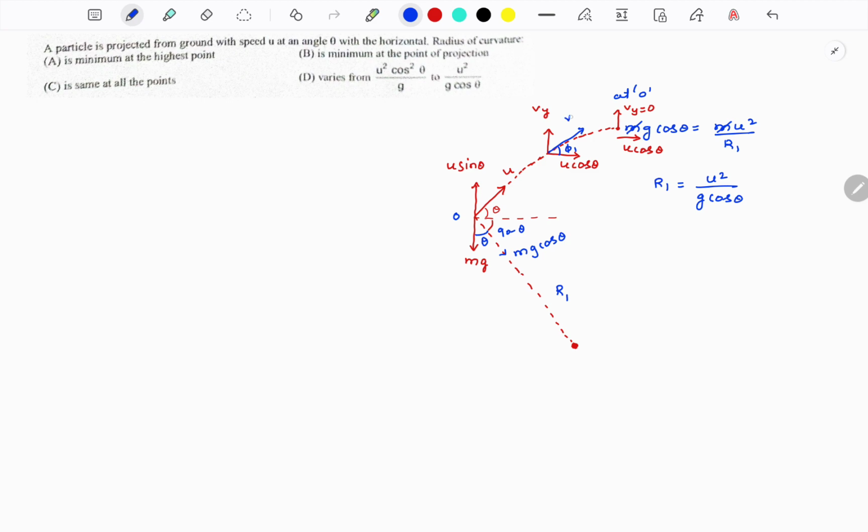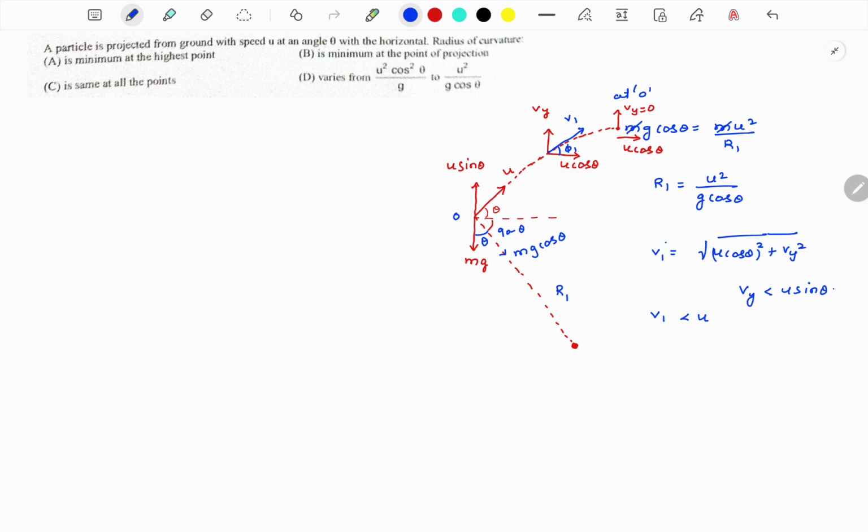So v1 will be root over u cos theta whole square plus vy square, but vy is less than u sin theta, so obviously v1 will be less than u. If it was greater than u sin theta, then v1 would be greater than u.